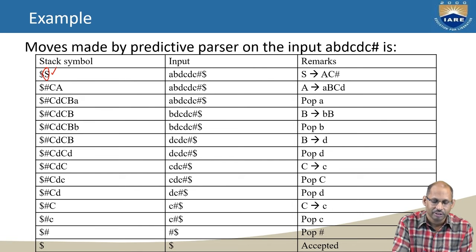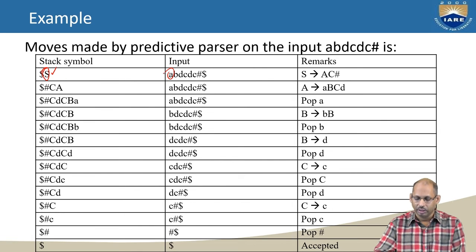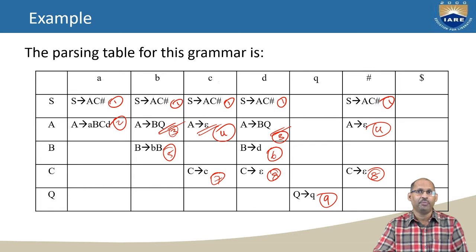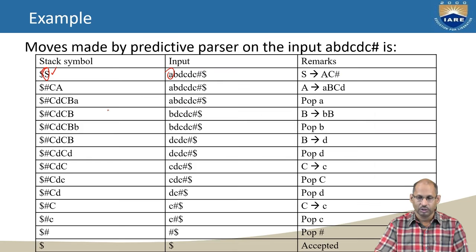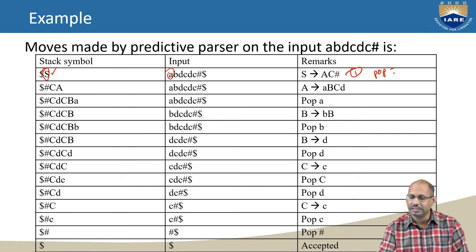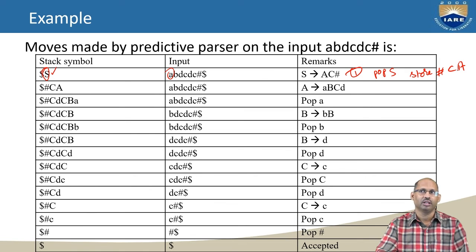Now consider S and A. From our table, S and A has the first prediction. So consider the first prediction. Pop S and store hash C and A.